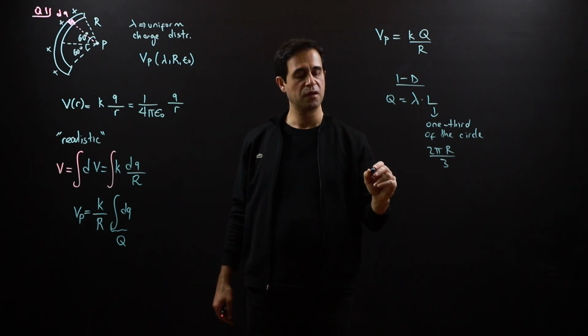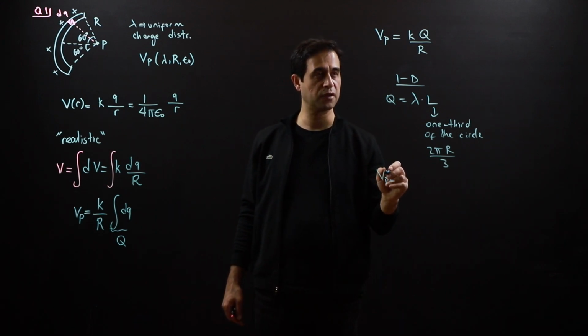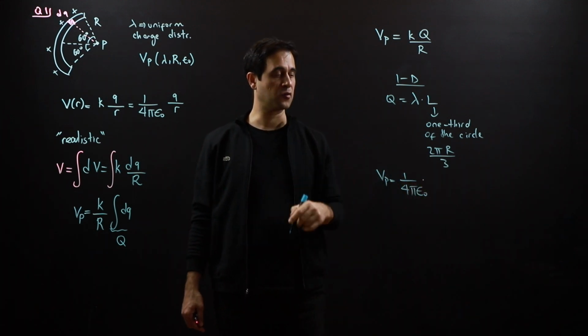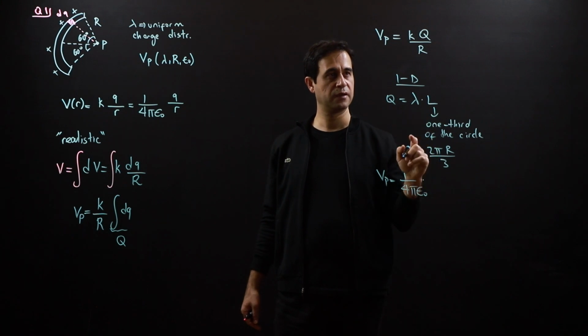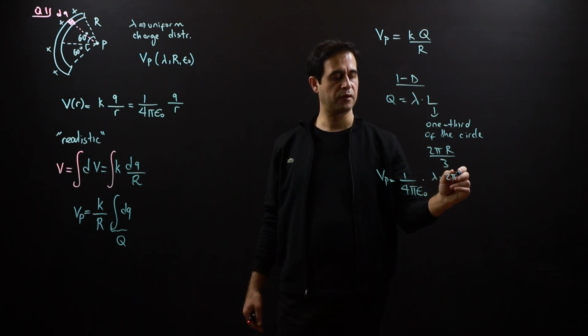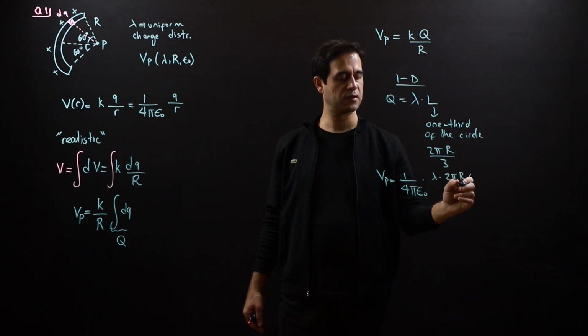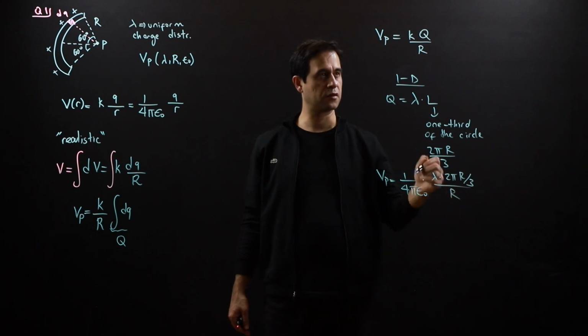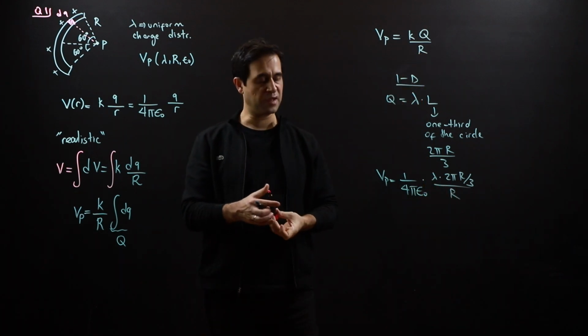So at the end, Vp would look like the following. Instead of k, I'm going to put down 1/4 pi epsilon 0, and multiply that by lambda, 2 pi r divided by 3. And I'm going to divide everything by r, since r here is in the denominator. Let me make some cancellations.